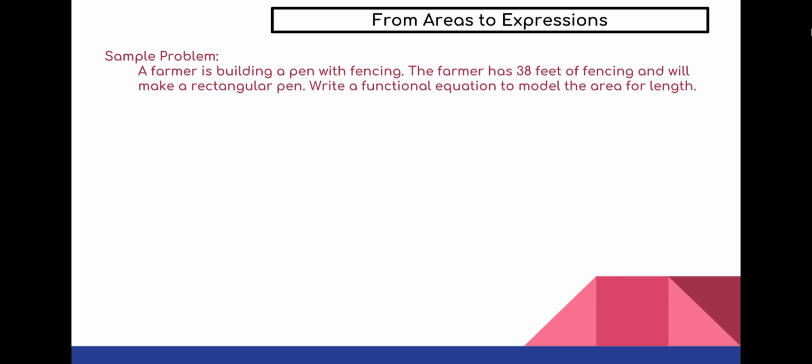We can now take this and use our experience to answer a question. A farmer is building a pen with fencing. The farmer has 38 feet of fencing and will make a rectangular pen. Write a functional equation to model the area for the length.